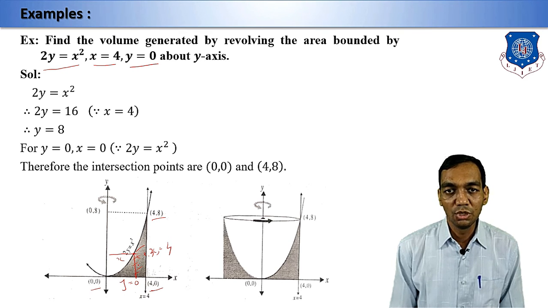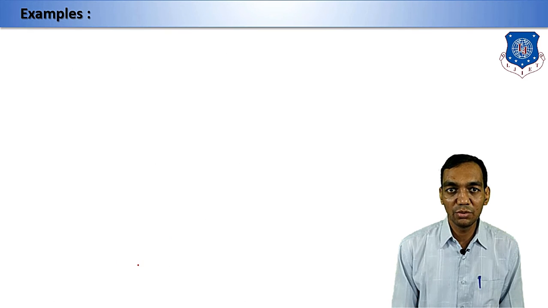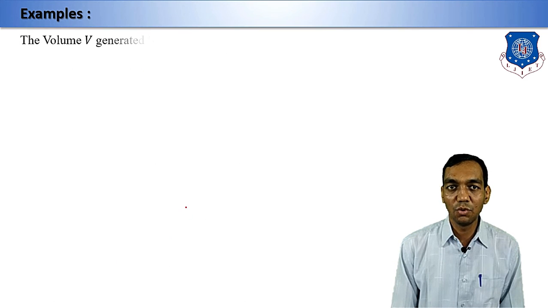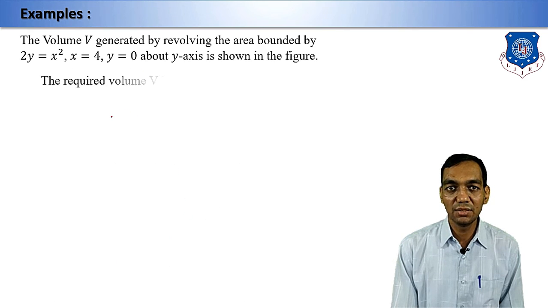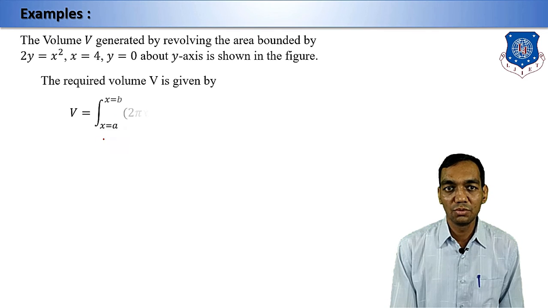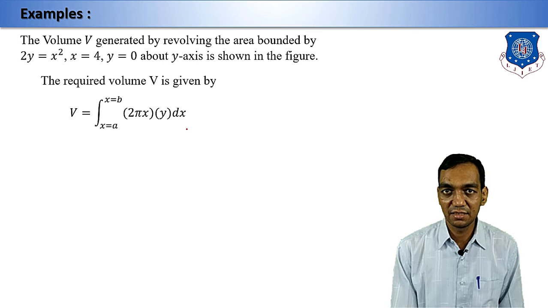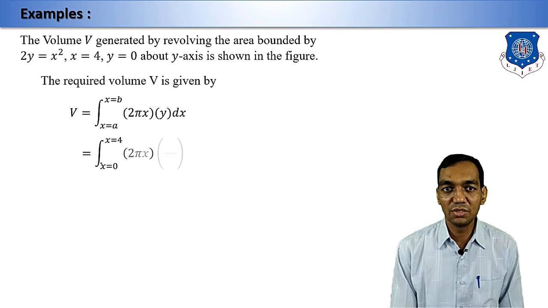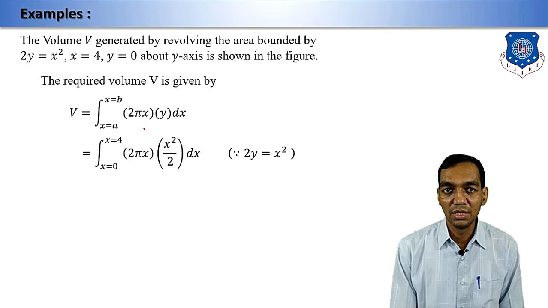So whatever integration you are going to take, that will be the volume. V equals integration from x equals a to x equals b, 2 pi x y dx, correct? Now the limits of x are from 0 to 4, x remains x and y is replaced with x square by 2 because we are integrating with respect to x.